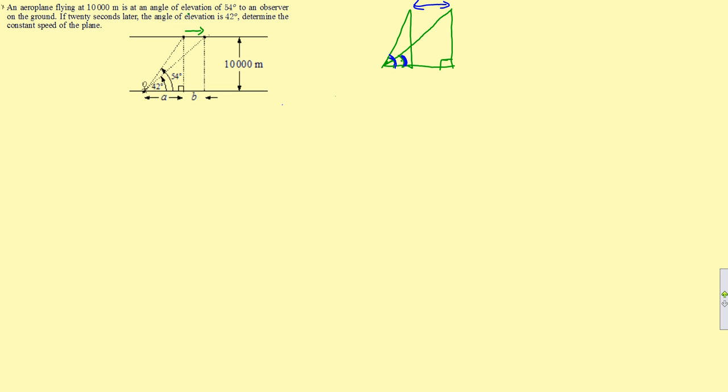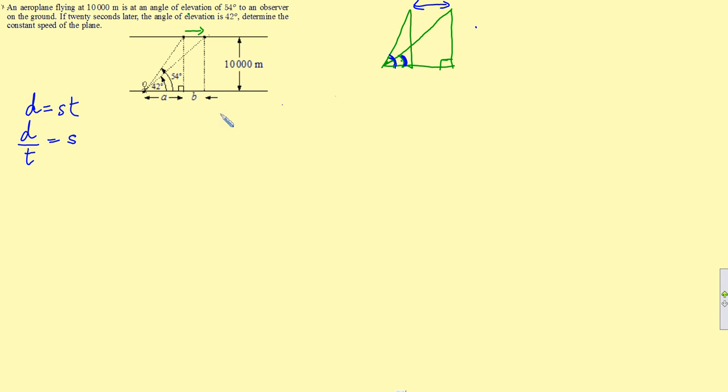And once we have found it, we can then divide that distance by the time in order to find what the constant speed is. Because remember that distance is equal to speed times time.